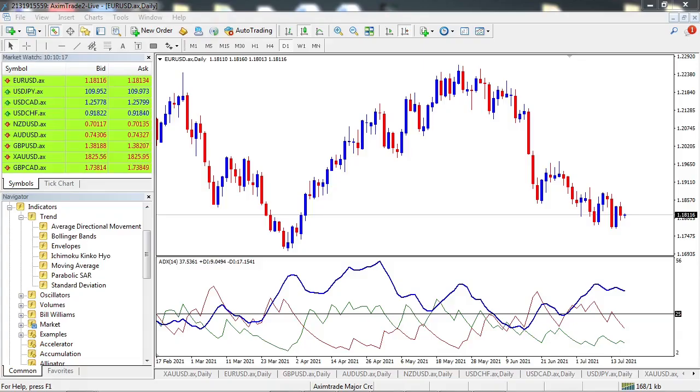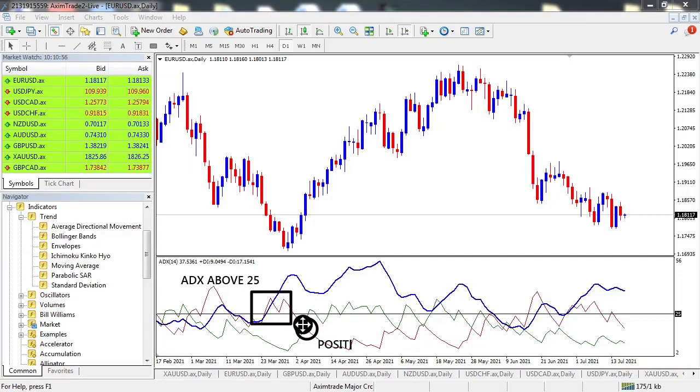Crossovers. There are two types of ADX crossovers, positive ADX crossover and negative ADX crossover, which trigger the signal. Traders use the positive crossover to execute a buy order and the negative crossover for a sell order. A positive crossover happens when the ADX line is above 25 and the plus DI line goes upwards from below to above the negative DI line.